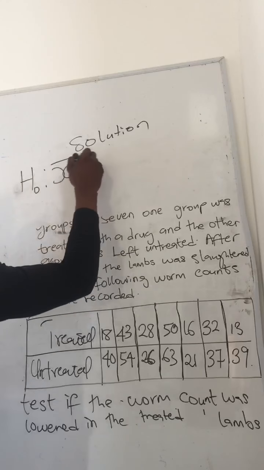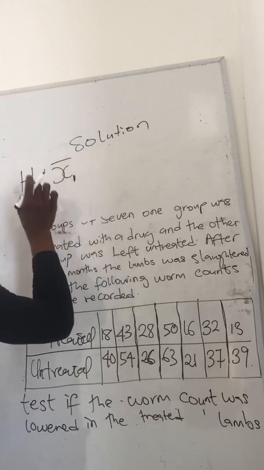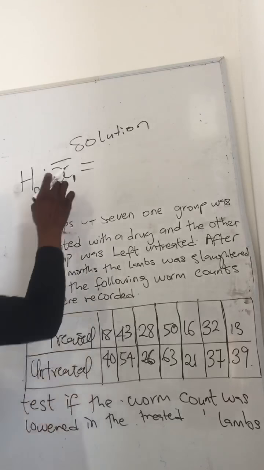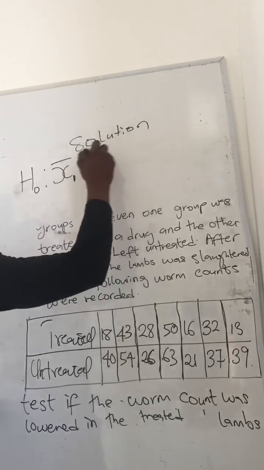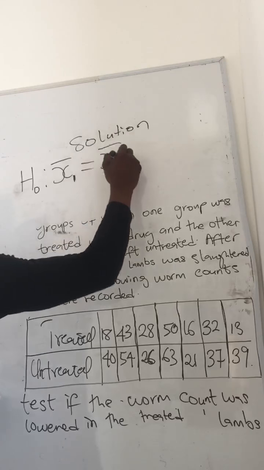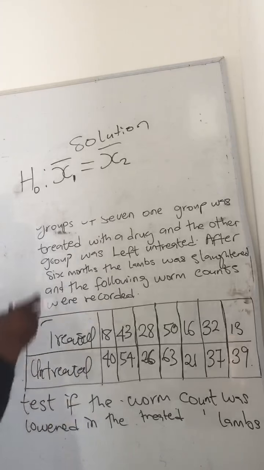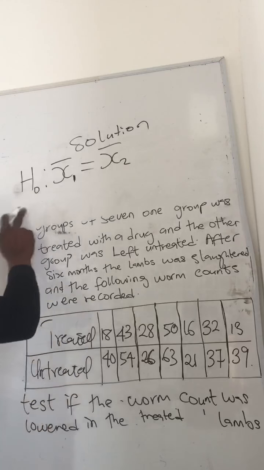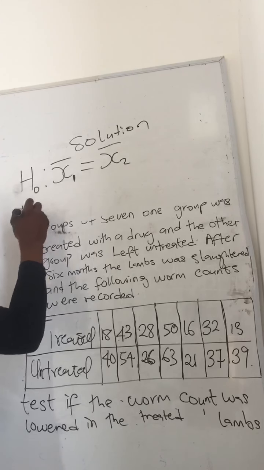So our null hypothesis, which is the hypothesis of no difference, says that the treated is the same as the untreated. So we set our null hypothesis that the worm count of the treated is the same as the worm count of the untreated.